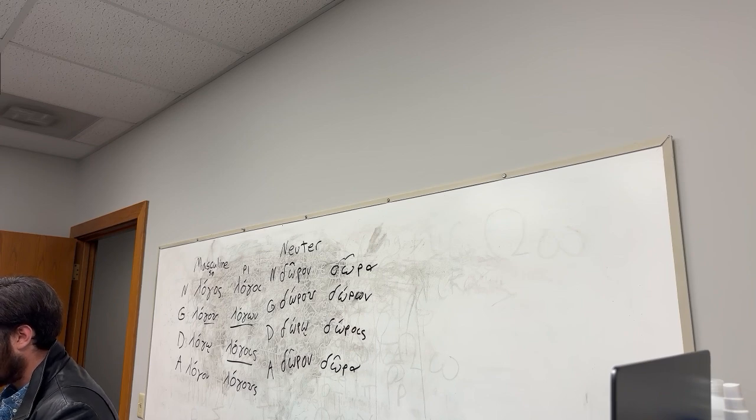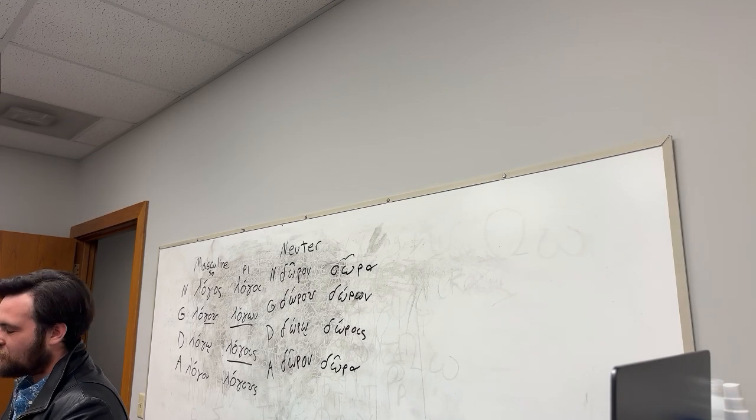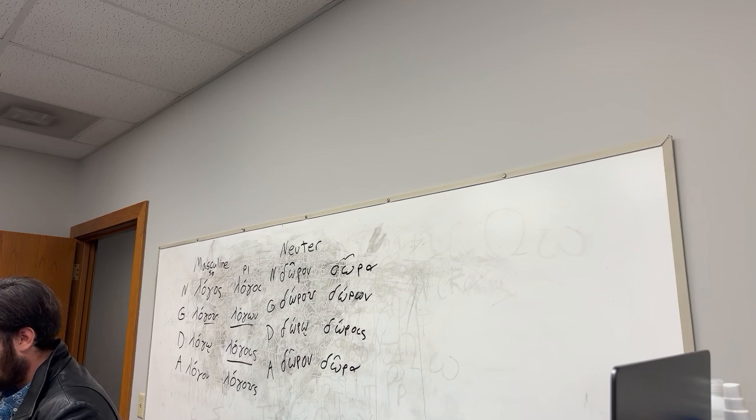So, Adelphos is a brother. Ho Adelphos is the brother. Yes. Exactly. So just be careful with the D. Adelphos. Yep. Exaggerate the accent just so you hear it. Yep. Okay, Carrie.